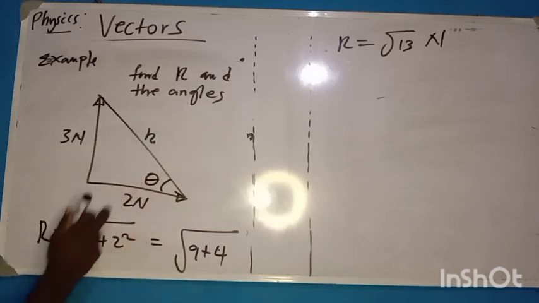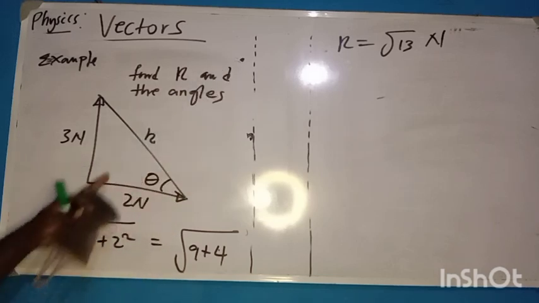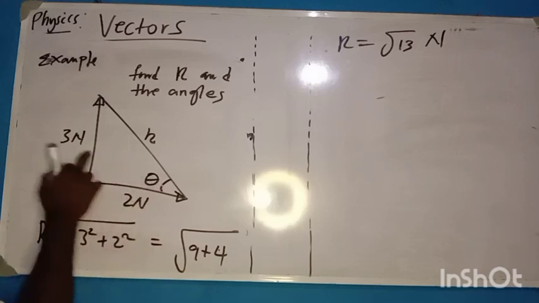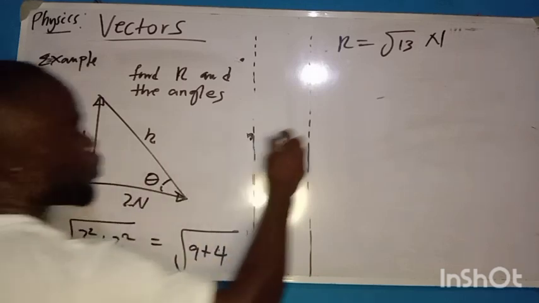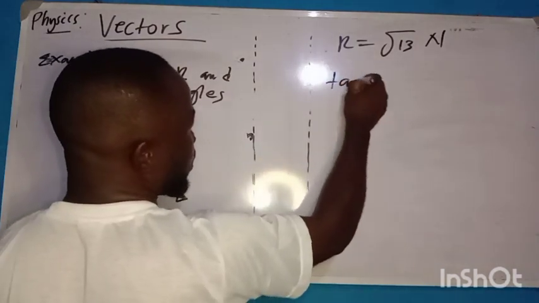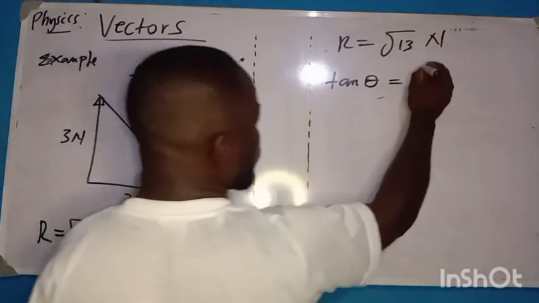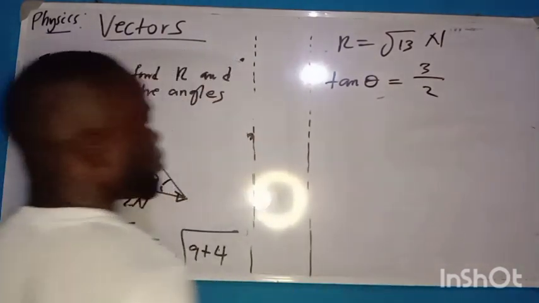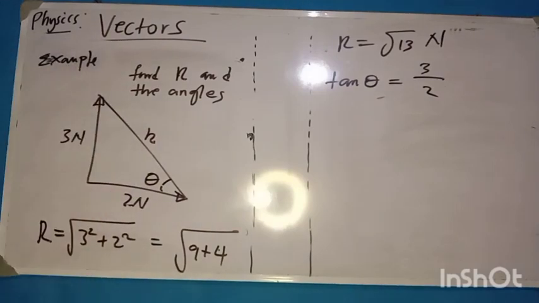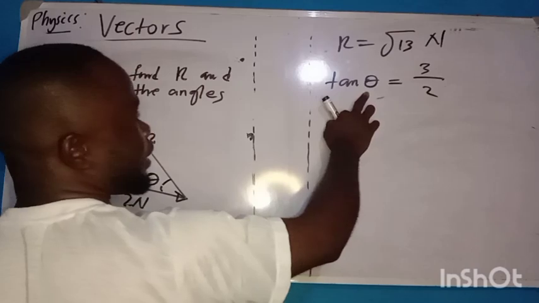So the angle, which is the direction of the vector, is found by taking the tan of the angle, because it's opposite here and adjacent here. So we can say that tan theta is going to be 3 over 2, right? From here, we can take the tan inverse.